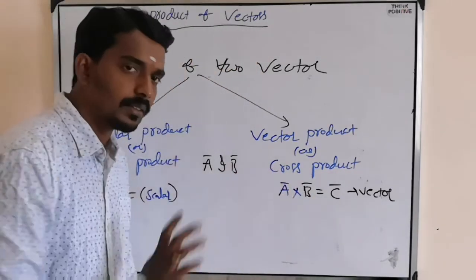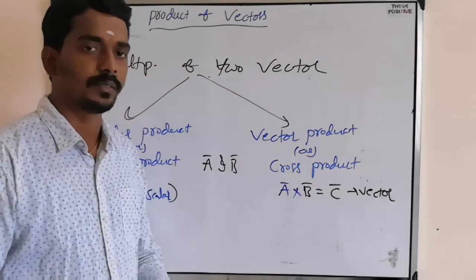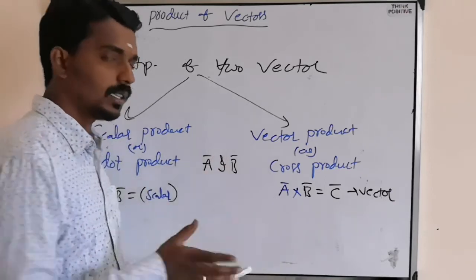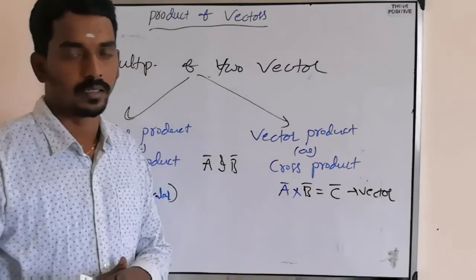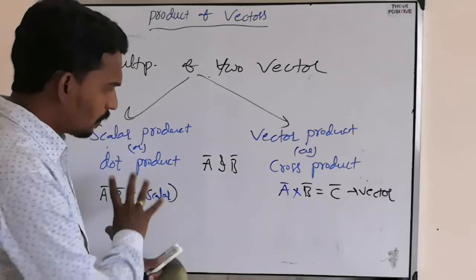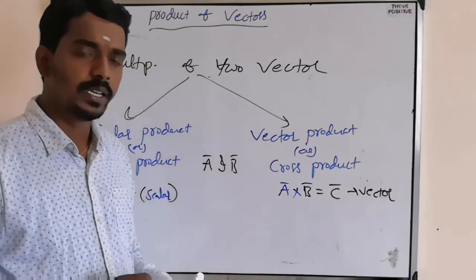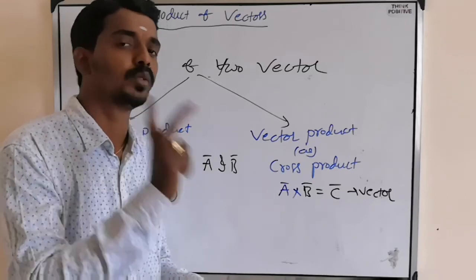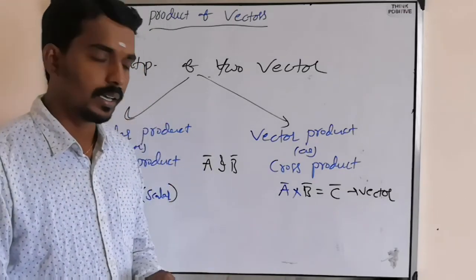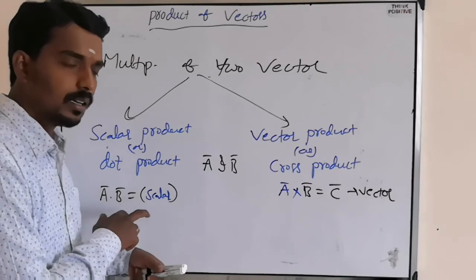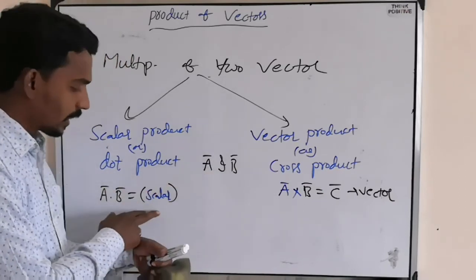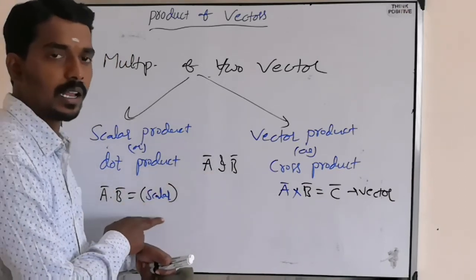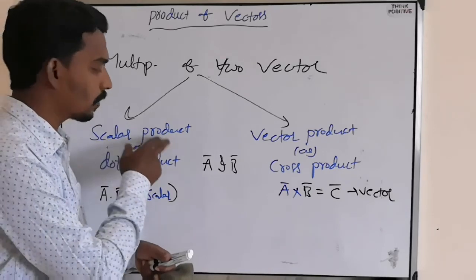This is also done for physics. How we can apply this in physics, we will also understand. But here what I am mainly trying to tell you is that you can multiply any two vectors using two different methods. In one method, from two vectors you get a scalar, so it is called the scalar product.